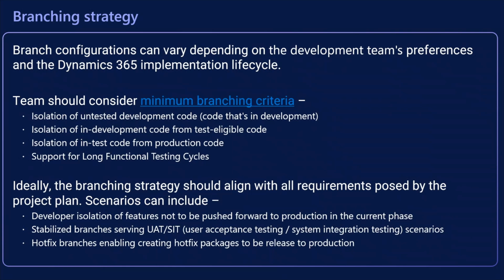The first point is isolation of untested development code, which means developers should be protected from teammates who can accidentally break any active development branch. The second point is isolation of in-development code from test-eligible code.